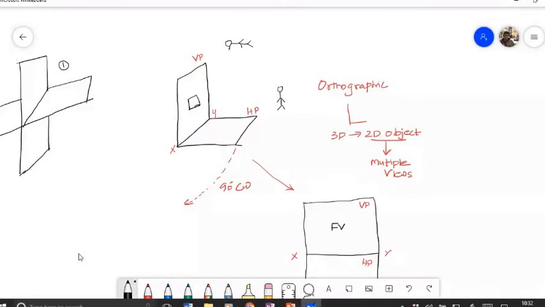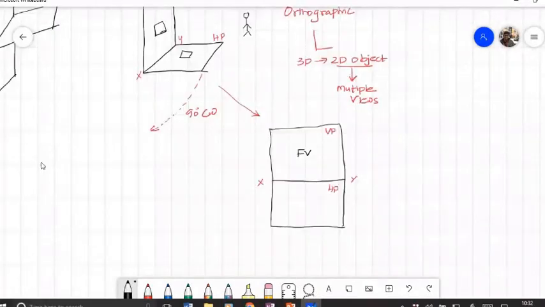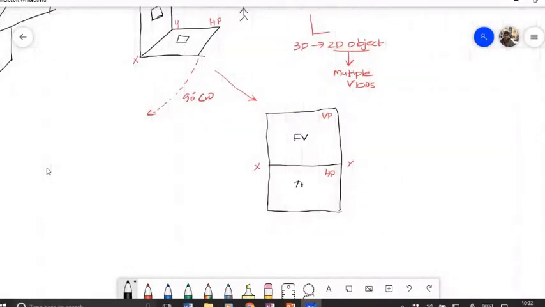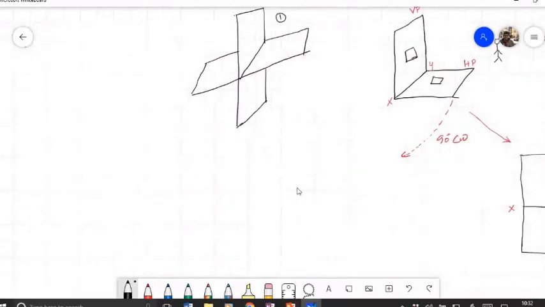You will see from here. So the top view you will get here. The reason is that you are going to the top of the object, so that's why it's called top view. Here you are going to the front of the object, that's why it's called front view. Okay. So you will get the front view here and the top view here for the first quadrant. Okay. And let's consider the second quadrant, that is this spot. Let me draw this.